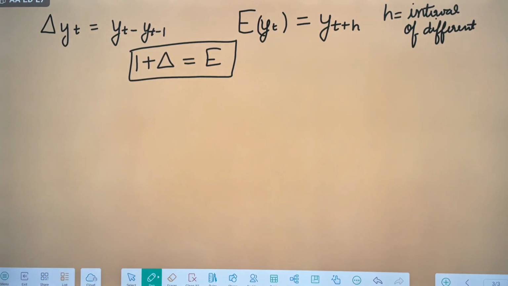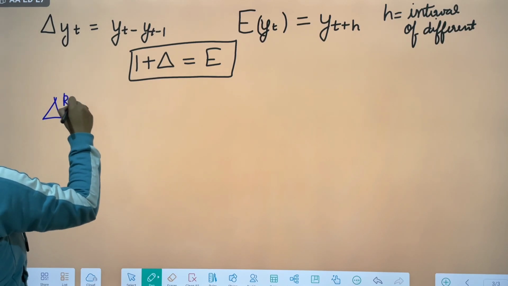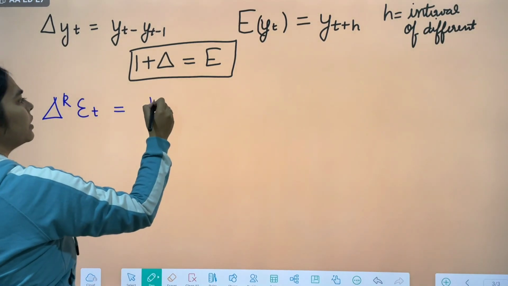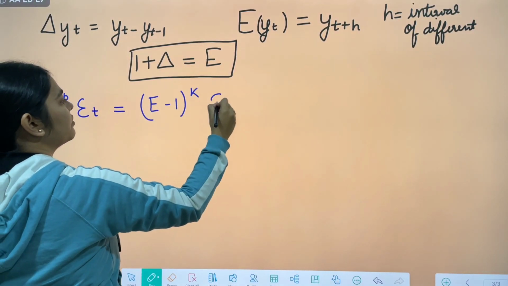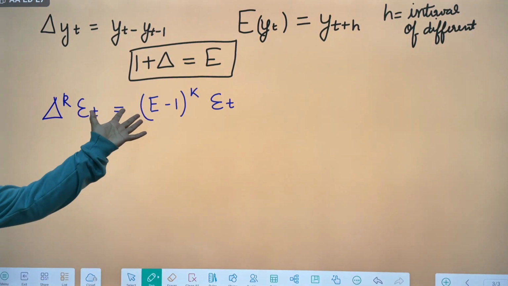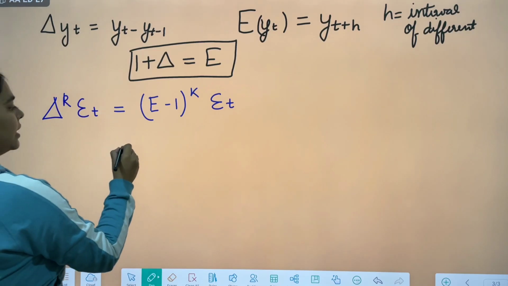So we know that delta to the power k of epsilon t can be written as (E minus 1) raised to the power k of epsilon t. Now I will expand (a minus b) raised to the power k.